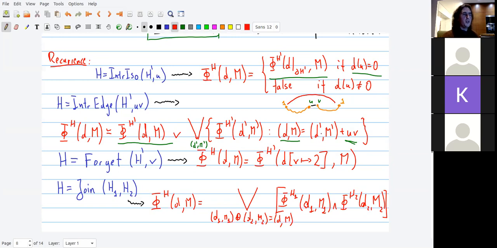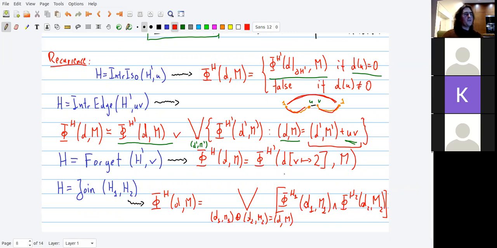So my d prime m prime would have in the matching this thing and this thing, while in dm I should have this as an element of the matching. This is written sort of informally; you would need to understand what this means in terms of gluing a path on an edge to a signature.